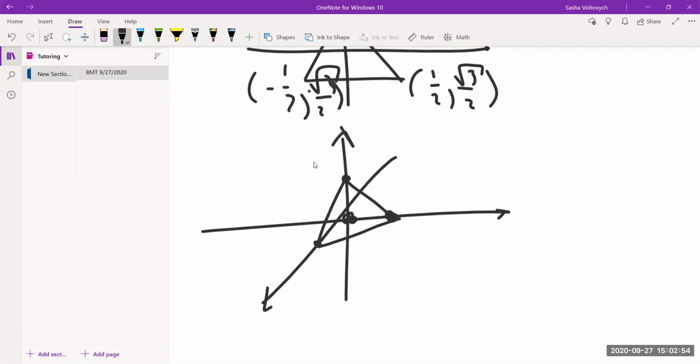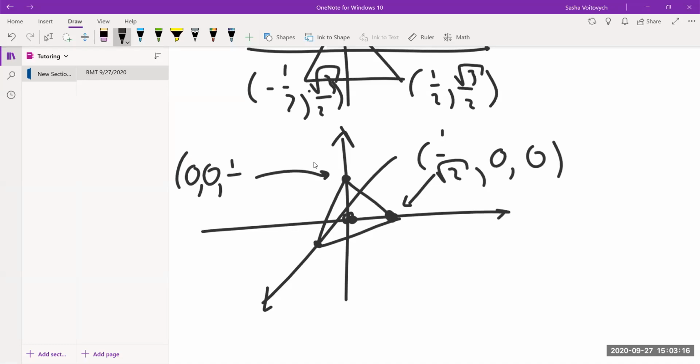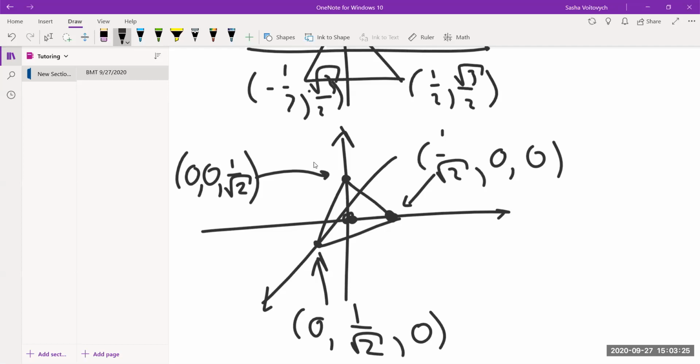If we position an equilateral triangle like on the picture, then the coordinates of this one will have this form, and this one will have coordinates of this one.